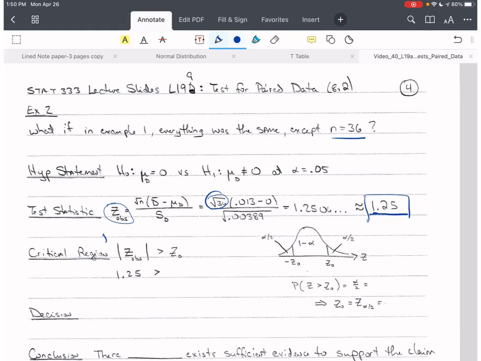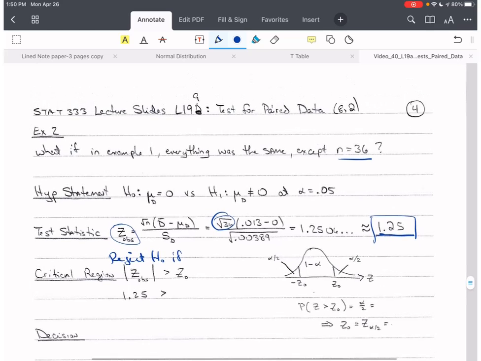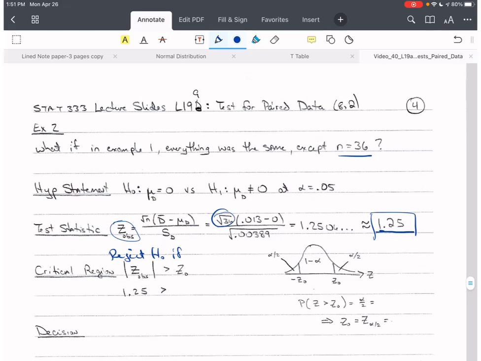So our critical region, we're going to reject H naught if the absolute value of z observed is greater than z naught. Okay? So z observed is 1.25, and we need to find z naught. And z naught, remember, is going to be z sub alpha over 2, where alpha is 0.05. So this is going to be z of 0.025.